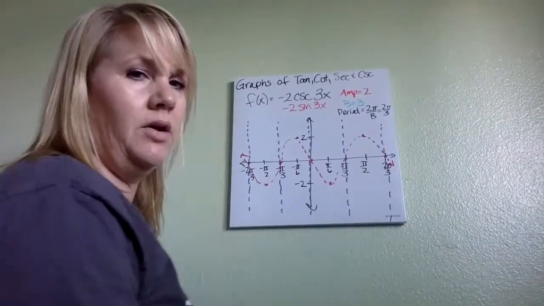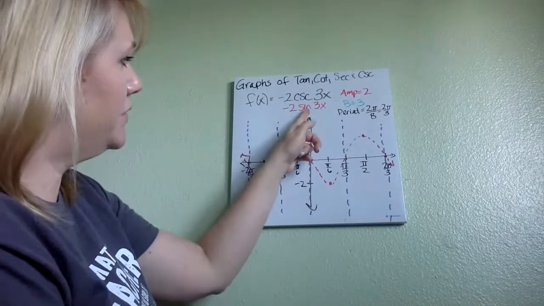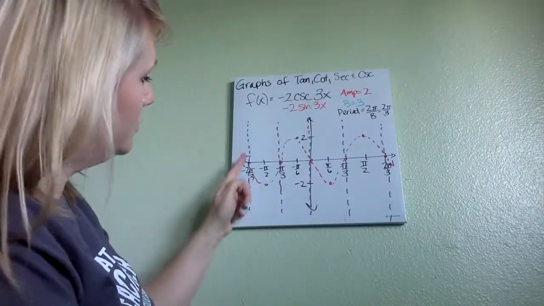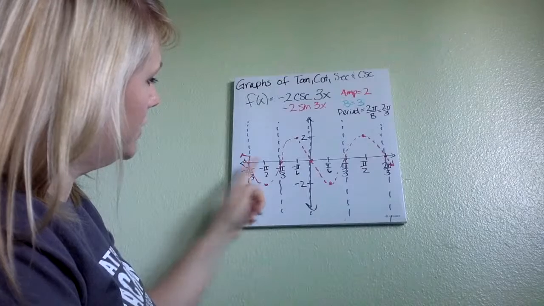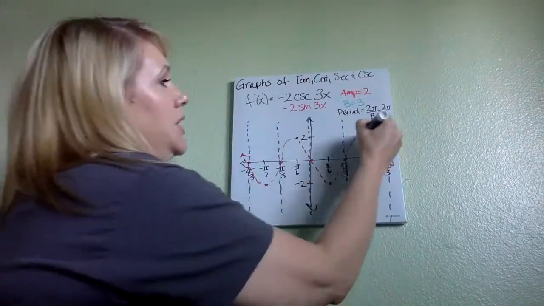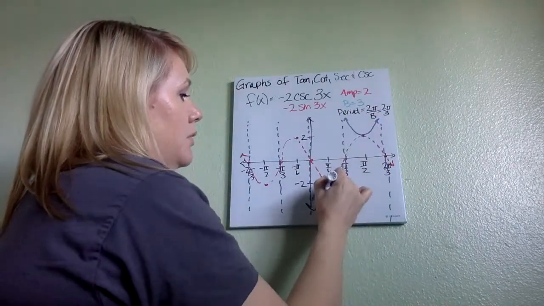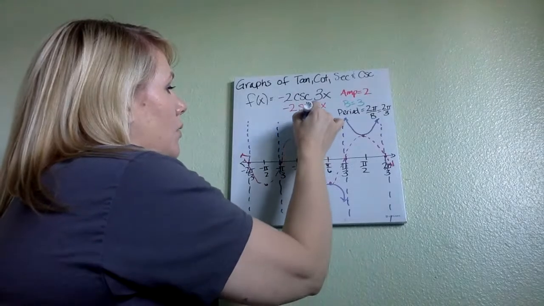Okay, so let's get back here. So I've put in asymptotes everywhere the red graph is the sine graph. I put in asymptotes everywhere the graph crosses the x-axis. So every x-intercept becomes an asymptote for the cosecant function. And then every one of these becomes a little parabolic shape, like so.